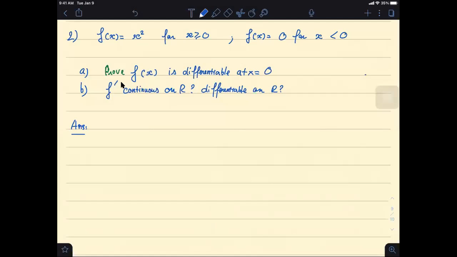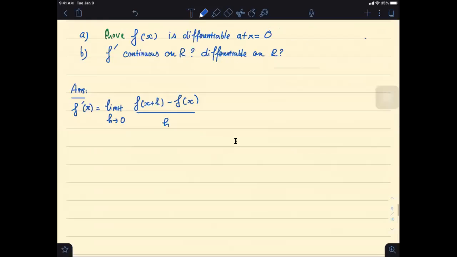So first question, what is the definition of the derivatives? f of x plus h minus f of x over h, the limit as h approaches 0. This is f prime of x.